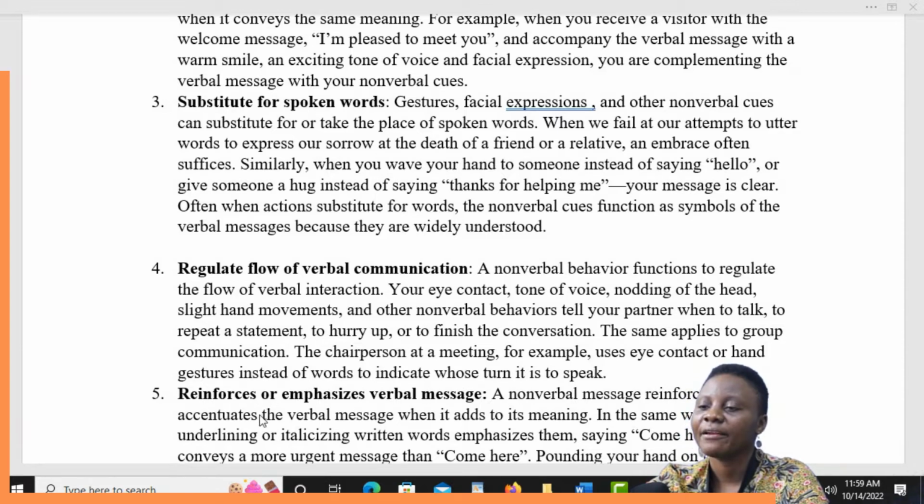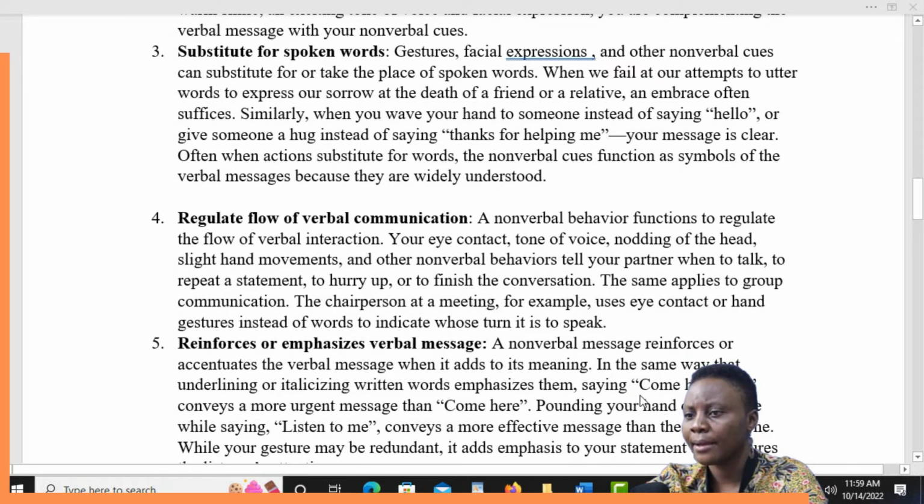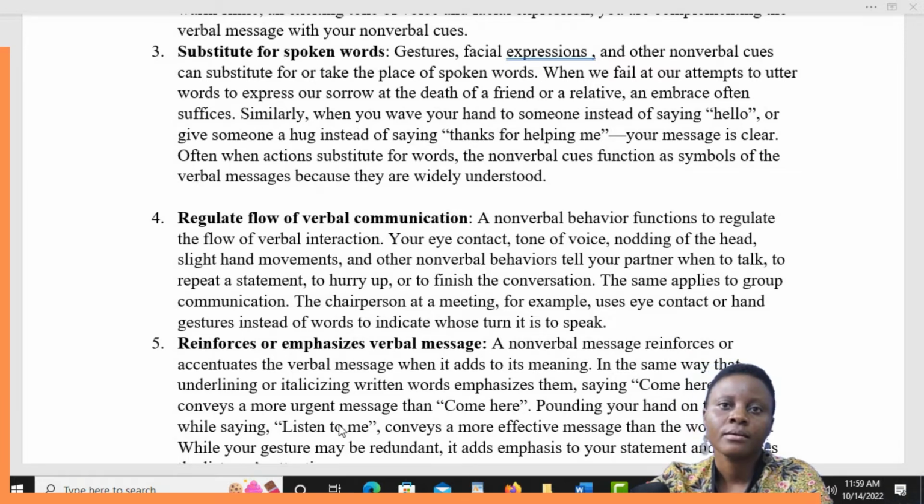And then lastly, reinforces or emphasizes verbal messages. You can also use nonverbal messages to reinforce or emphasize. A good example that has been given here is pounding on your table while saying, listen to me. Assuming you're in a presentation, and there's a lot of noise coming from the audience.